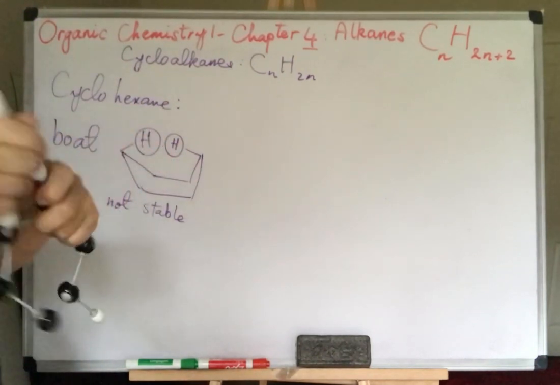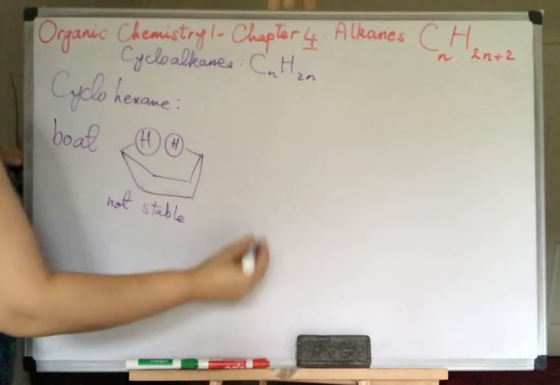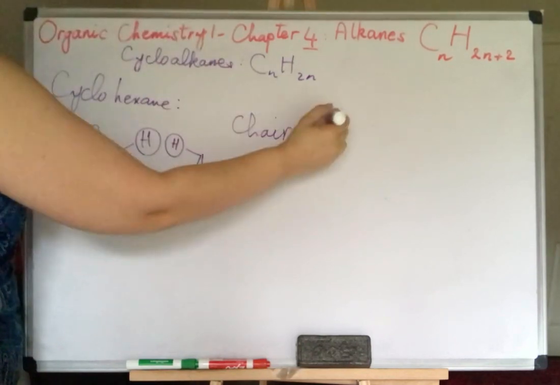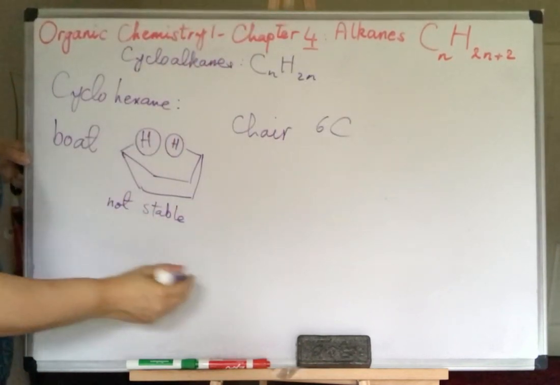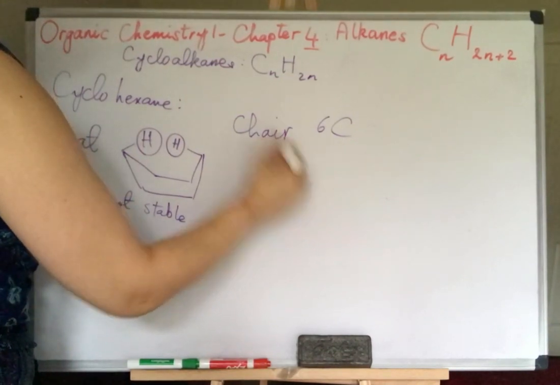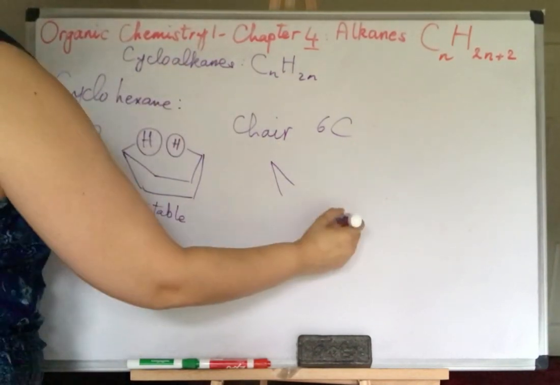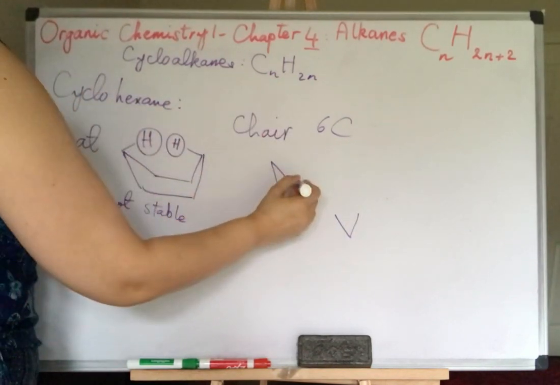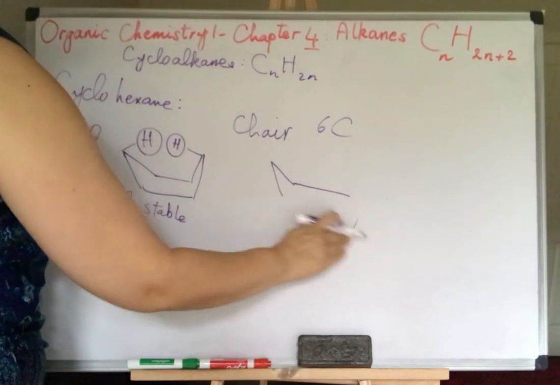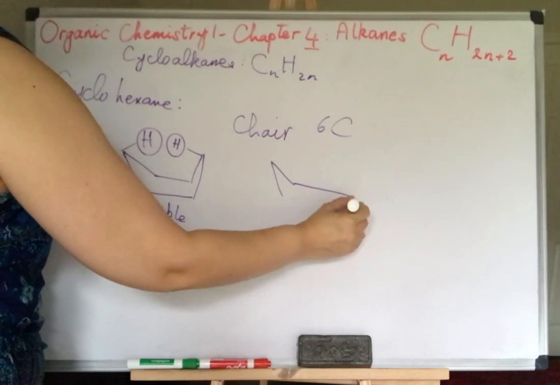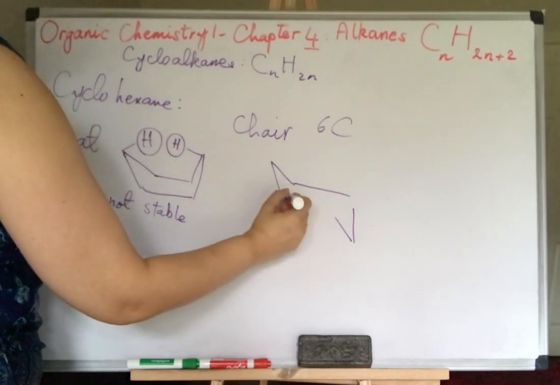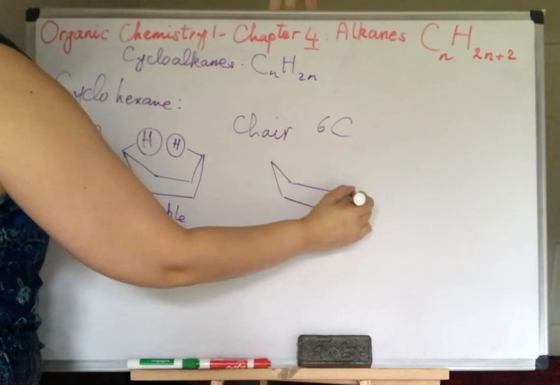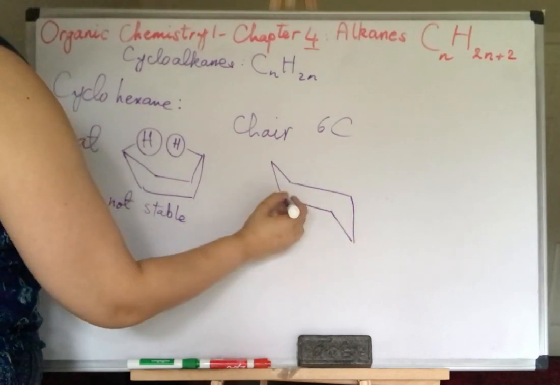Let's first learn how to draw the cyclohexane chair. There are 6 carbons, right? So put 2 wedges, one on top, one on the bottom, and then we put 2 parallel lines and connect them to the wedges.